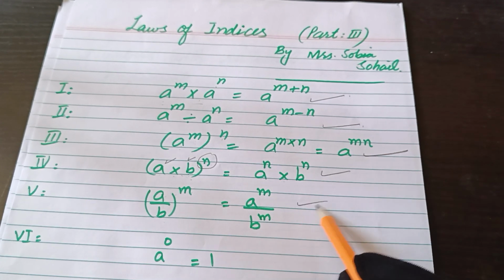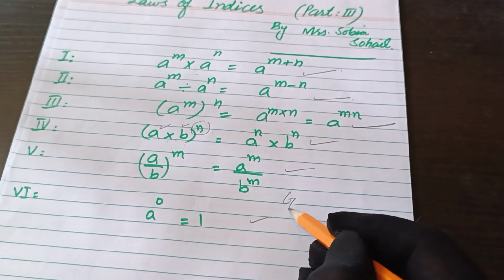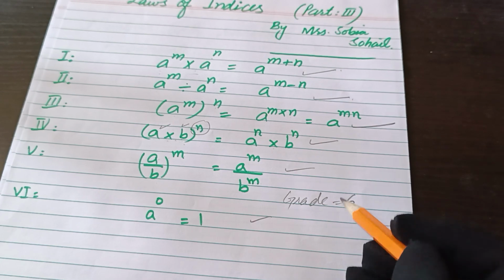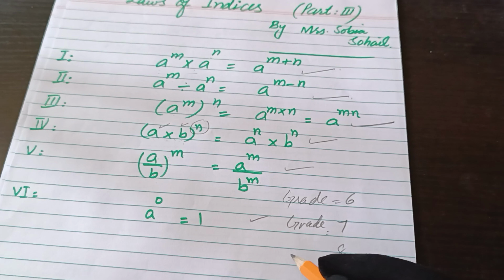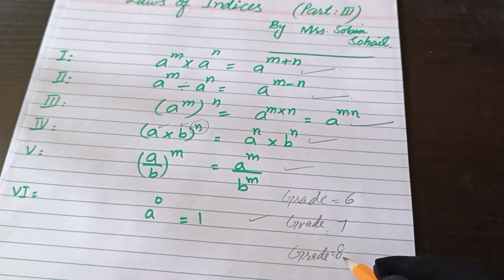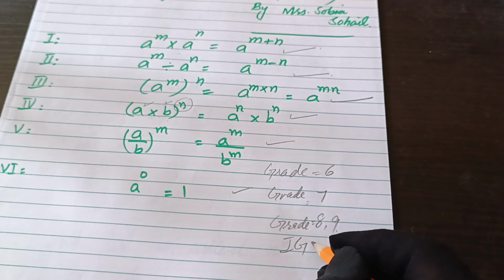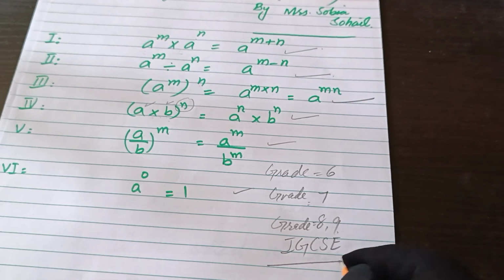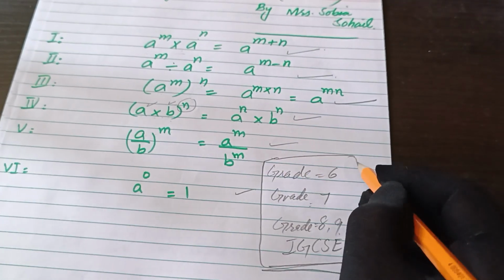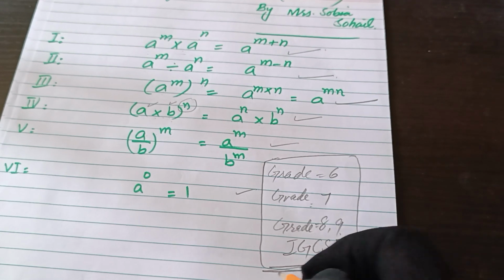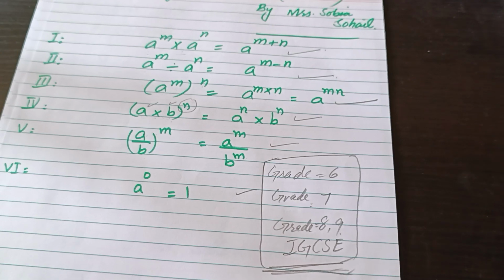So these are the 6 different laws, and they are equally helpful for grade 6, 7, 8 and 9 students, and for the IGCSE and Cambridge classes also. So this complete topic will be equally helpful for all these students for understanding the laws of indices or exponential laws.